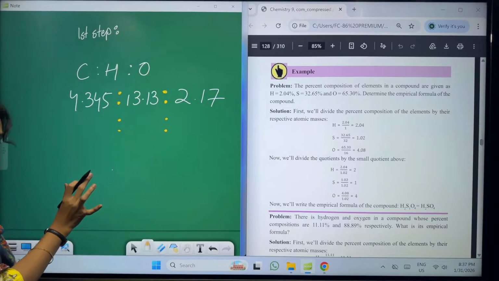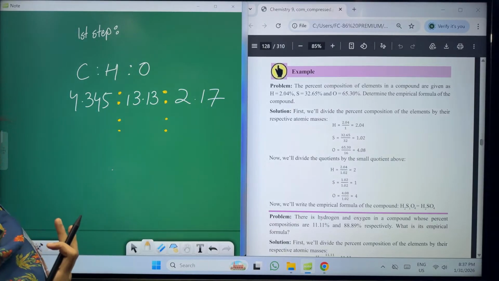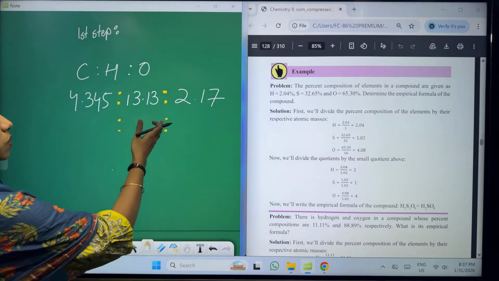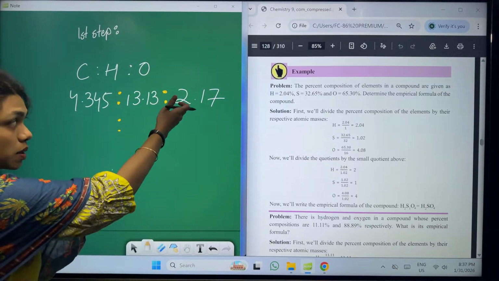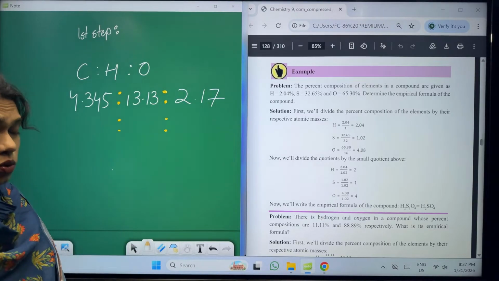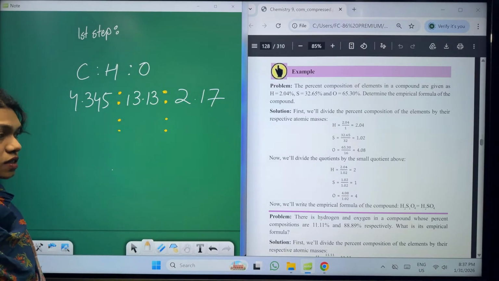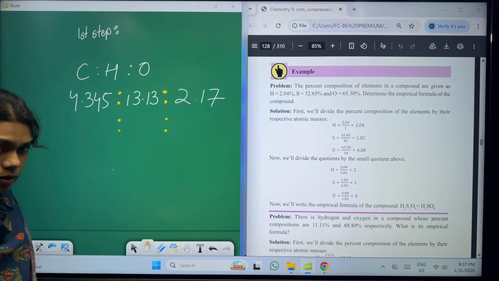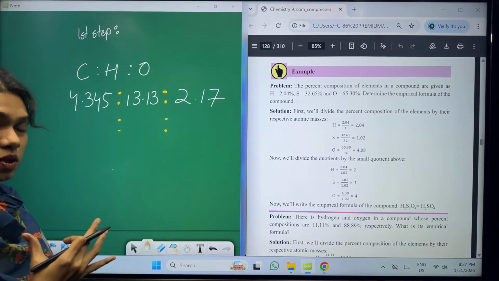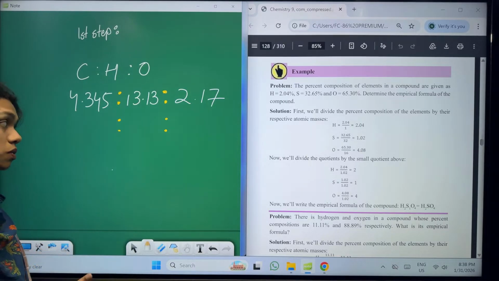When you don't know what to multiply with, we divide each of the numbers in the ratio by the smallest number, 2.17. Why? Because we can approximate, as I've told you. Let's see if we find something similar, and if we approximate it, we might even find a whole number.